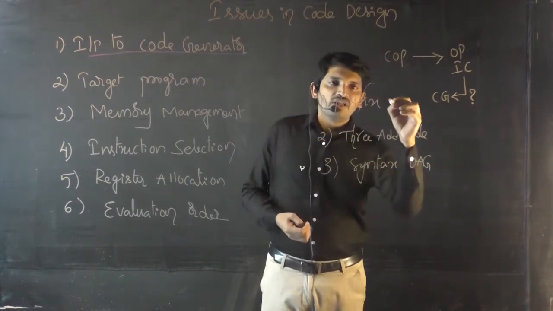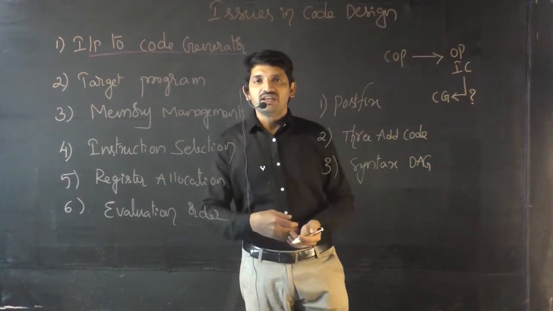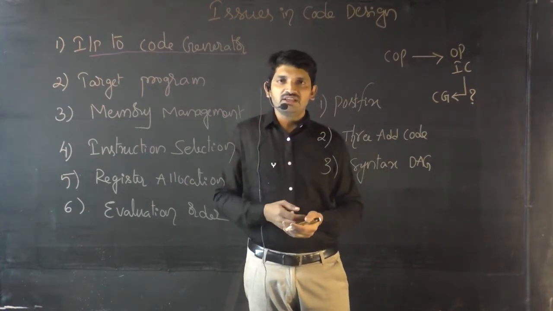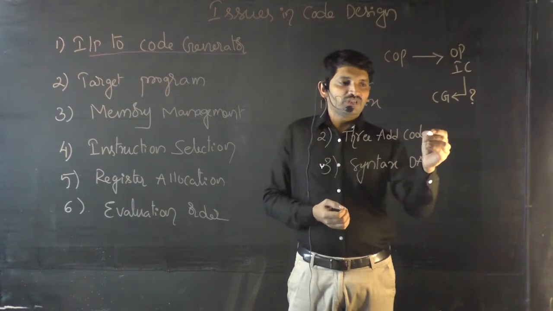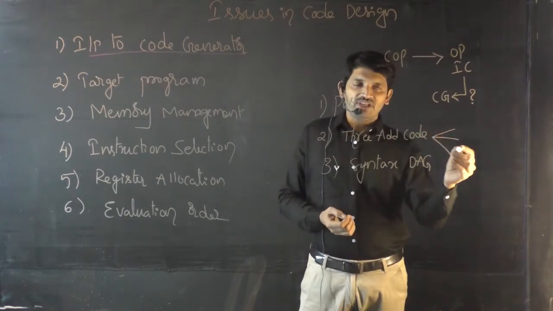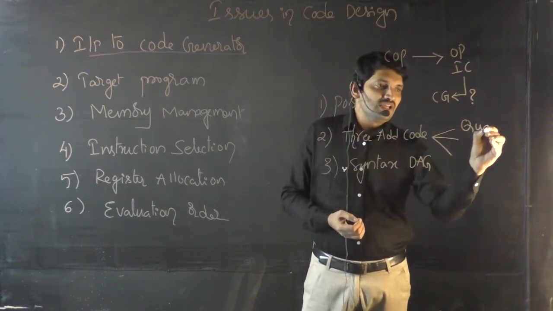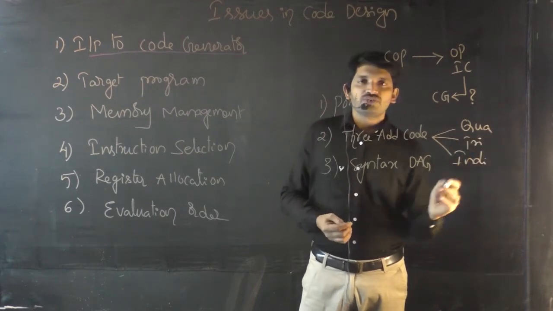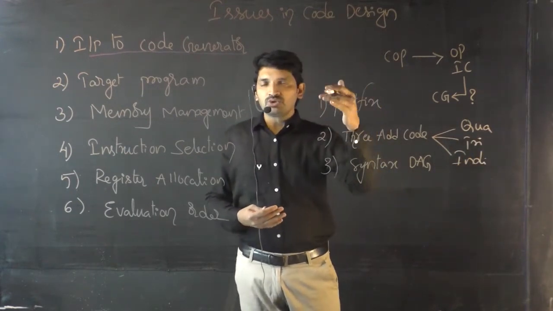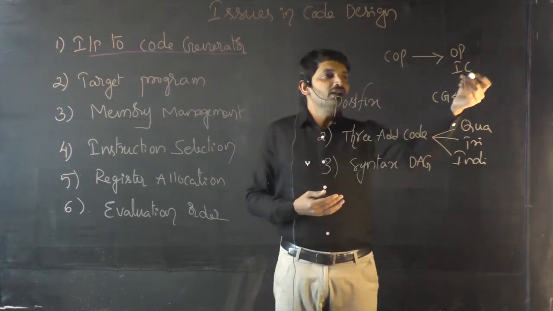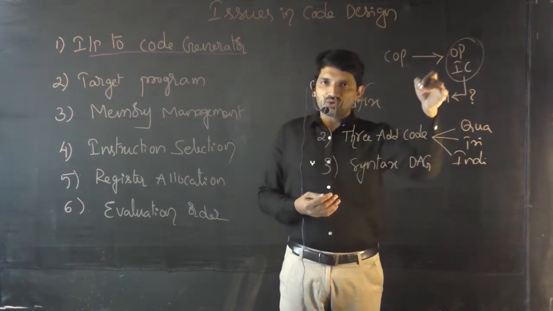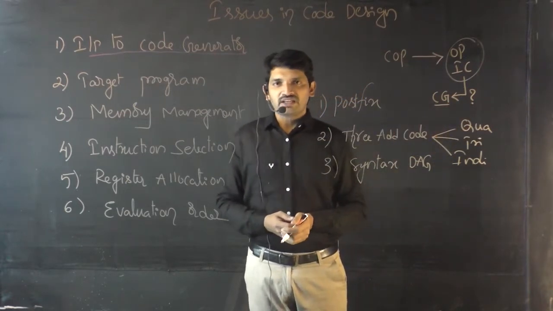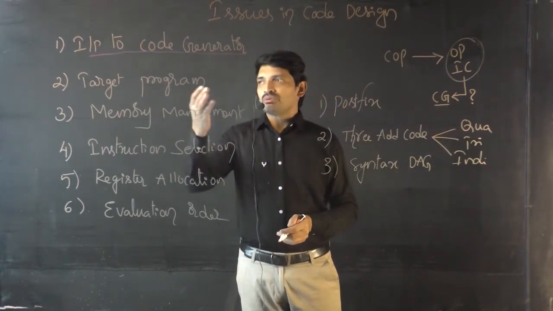We discussed all these 3 in the previous sessions. Coming to three address code, there are 3 types named quadruples, triples and indirect triples. So depending upon the input code, that is the optimized intermediate code, the code generator is going to generate the target program.